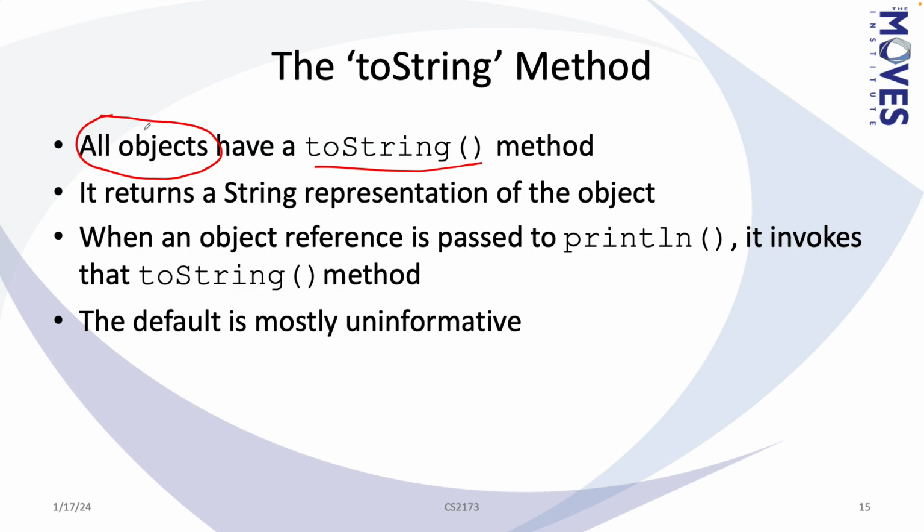But for right now, all objects have a method called toString, and what toString does is it basically takes that object and produces a string version of it. That's what we've been using when we print something out. So what does print line do? And there's also a print that doesn't have a new line. When we pass an object reference to print line, it invokes the toString method on it.